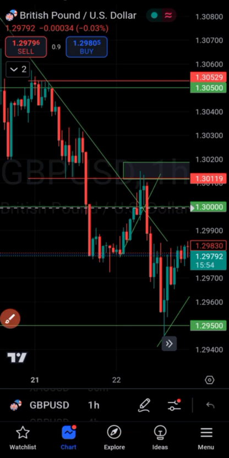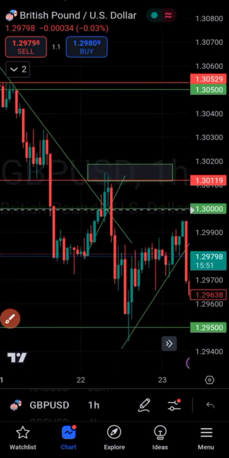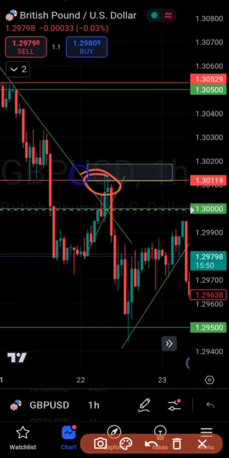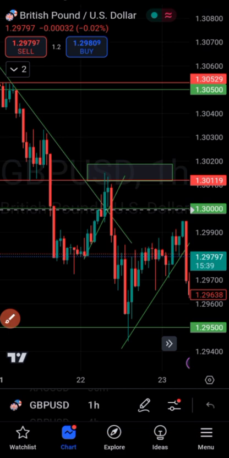So that is two confluences for me. My low of the week corresponds with my previous support level, and I'm expecting that support level to change to a resistance level.